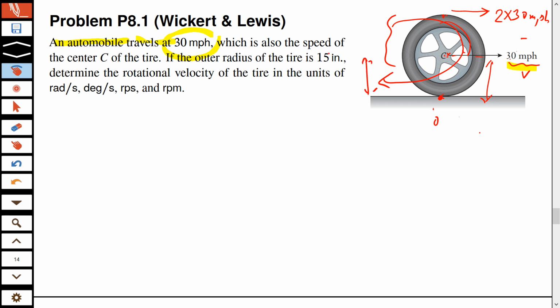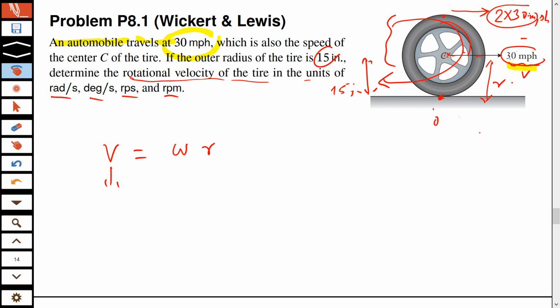The radius is given to you as 15 inches. So you just need to know the rotational speed of the tire in units of radian per second, degree per second, RPS, RPM. These are conversions, but you know the formula V equals omega R. If you take this V, you would have to change the radius accordingly. Now if you take this V, you can take it because this is relative motion. The relative velocity between these two is their difference, so it will not be 2v, it will still be v.